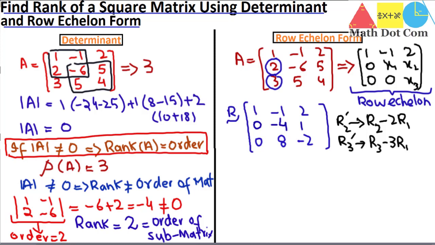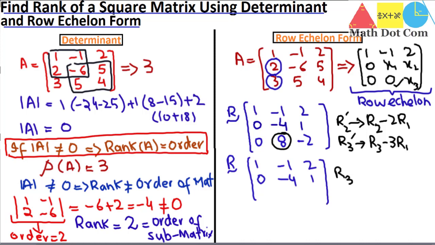We have to make this 8 as 0, as we have written here in the row echelon form. So again we are going to apply a row operation, with rows 1, minus 1, 2, 0, minus 4, 1, and what will be the row operation? We have to make changes to the third row.